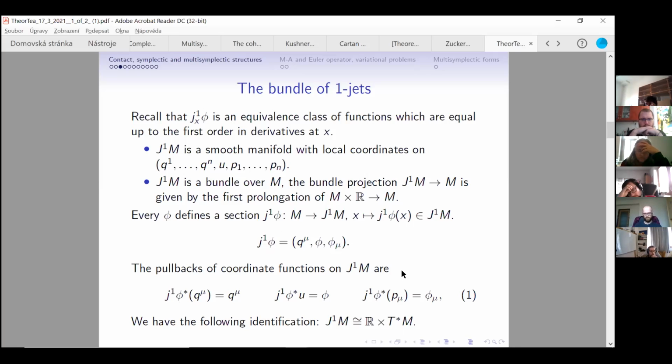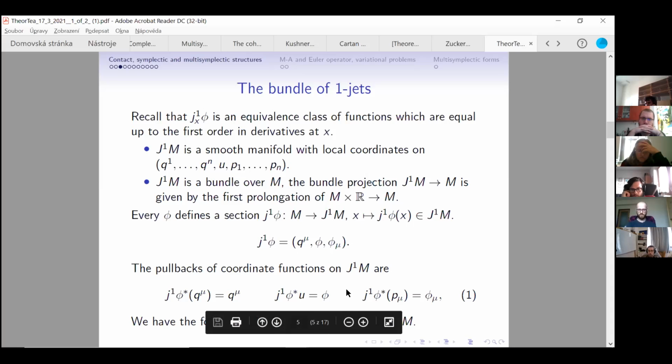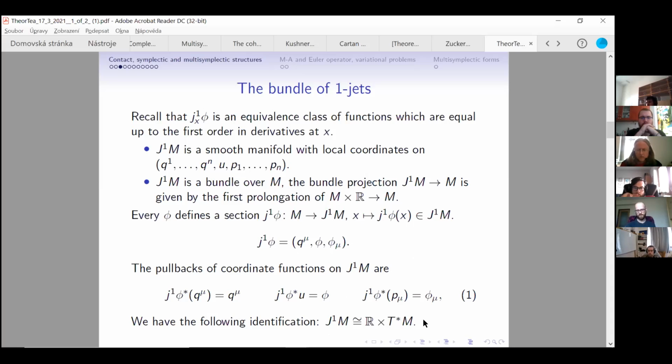And as I said, the pullback of P mu will be the corresponding mu derivative, or derivative in the direction of Q mu, of the field phi. Notice an interesting identification. We can identify J1M with this direct product. Okay, so if everything is clear so far, again, just fixing notation and recalling some basic facts.